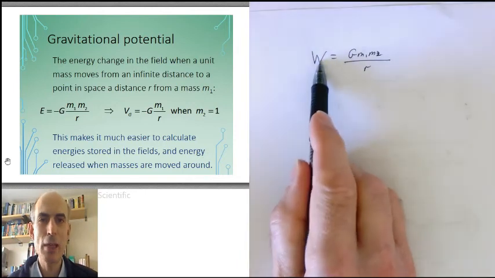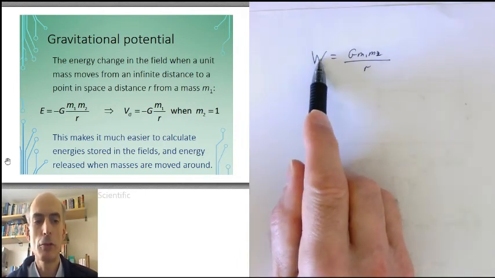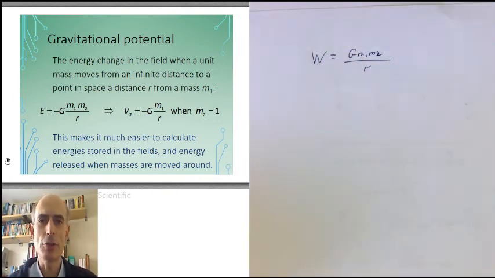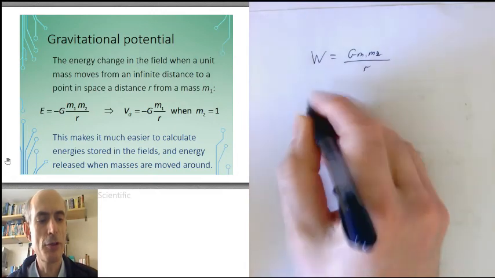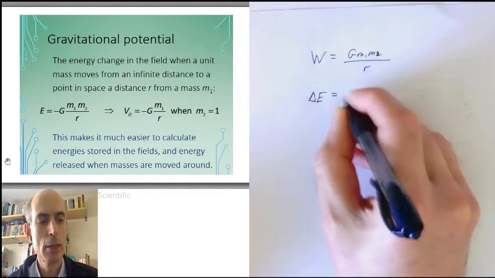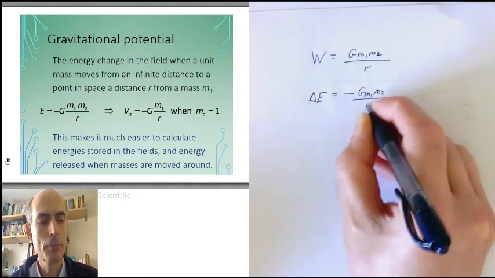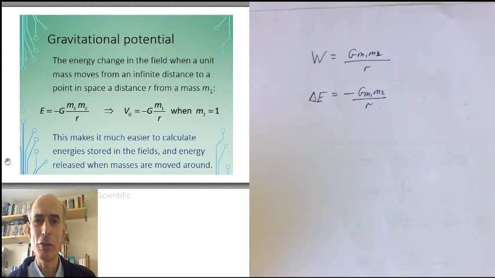That means this is the energy that is lost by the gravitational field. So the change in the energy of the gravitational field, I could write it delta E, is minus G m1 m2 over r. Negative because this is a loss of energy. The gravitational field has given up energy to do this.